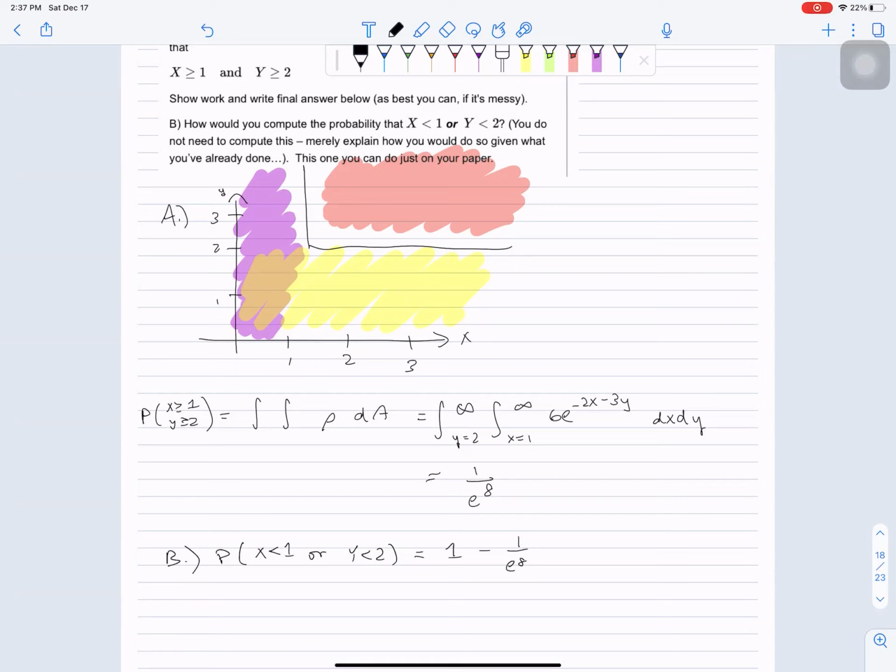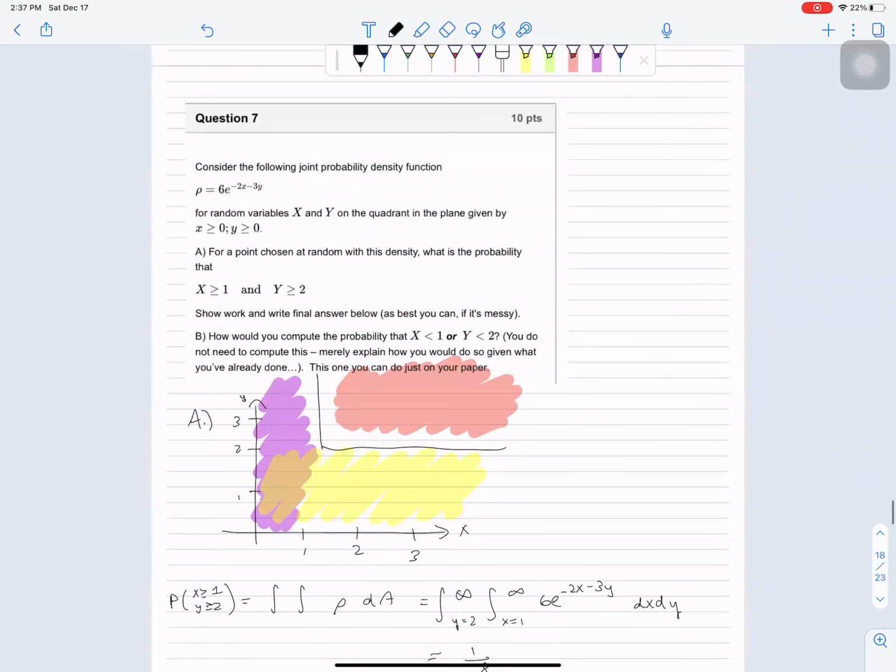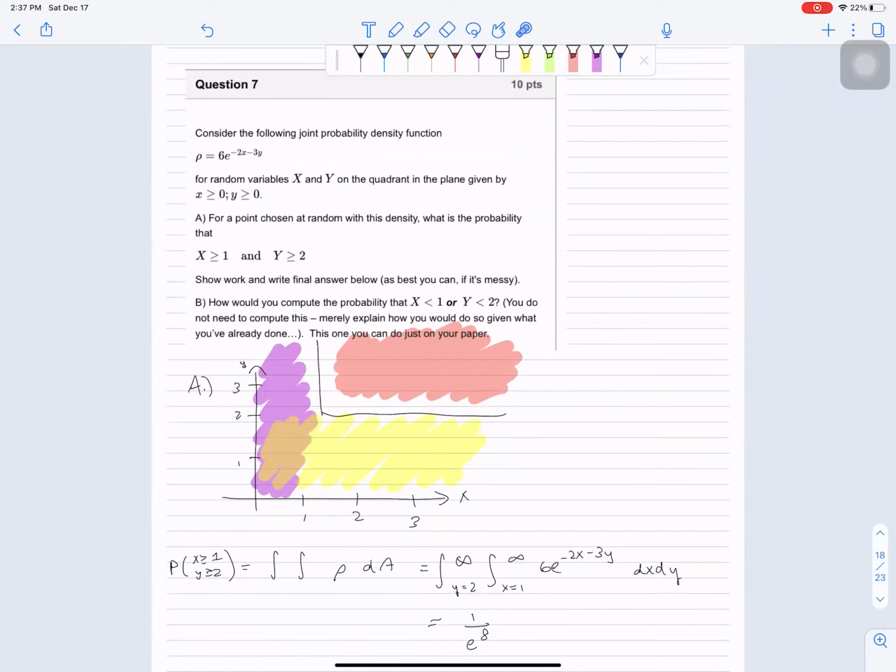How did you get that x and y each go from 0 to 3, or maybe that's 0 to infinity on the graph? How do you calculate? Okay.